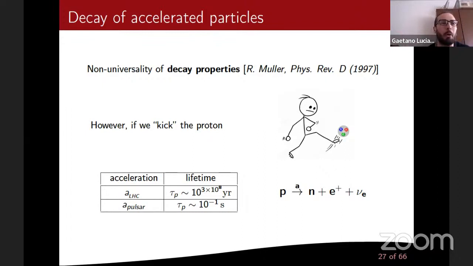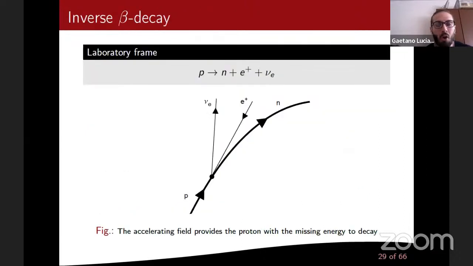You can also consider loops, so you can also consider photon emission or some other particles. But in principle, at tree level, this is the simplest and so the most likely process you can obtain. So this is a schematic representation: your proton, which is decaying into a neutron, a positron, and an electron neutrino.